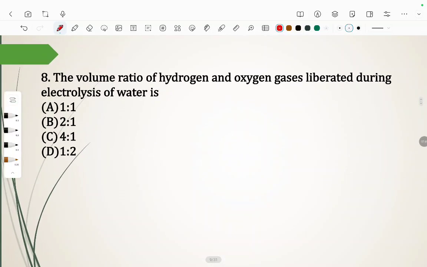Next is 8th question, very important. The volume ratio of the hydrogen and oxygen gases liberated during the electrolysis of water. You can clearly see that water decomposes into two products, that is hydrogen gas and oxygen gas, right?